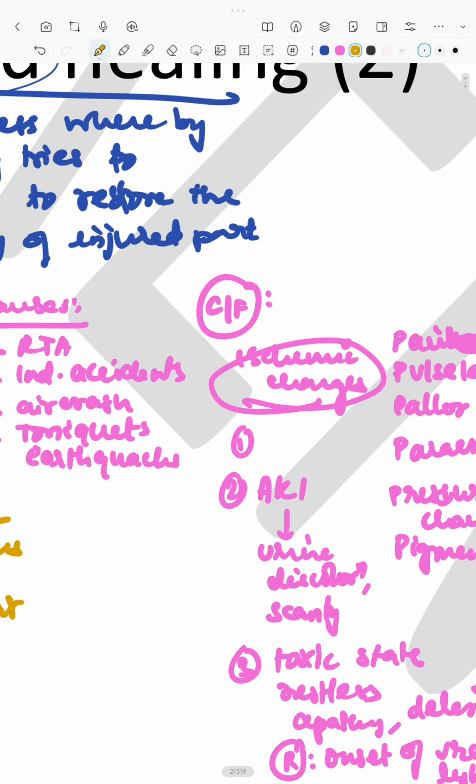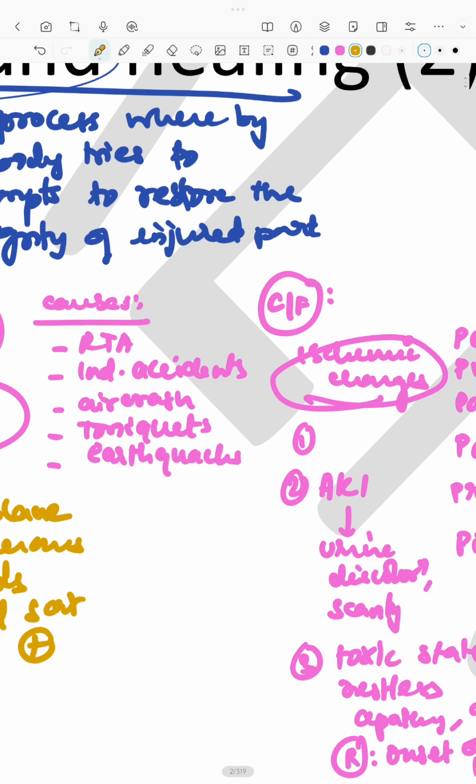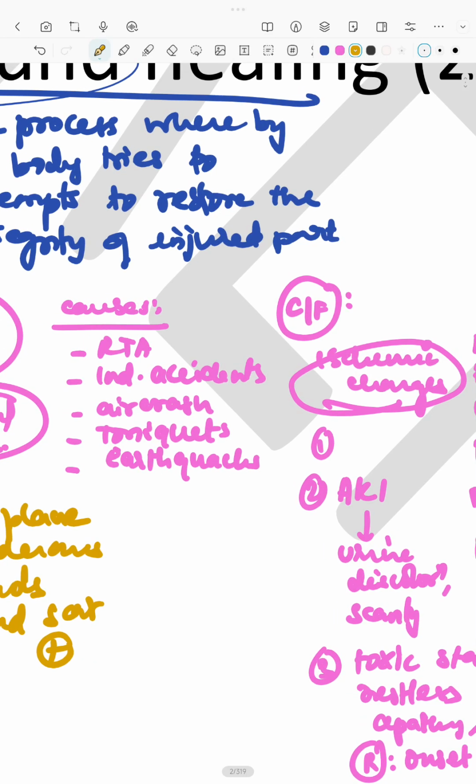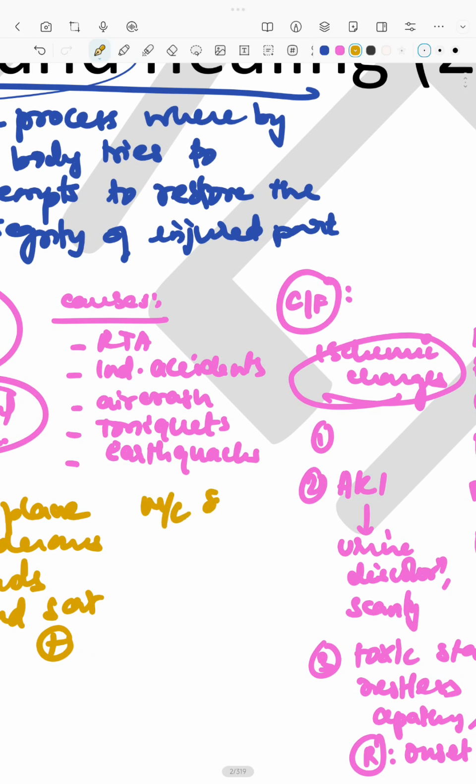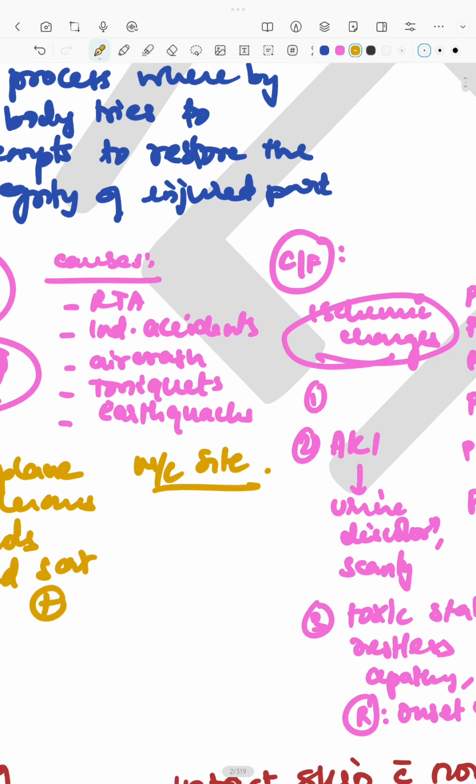Next, the most common sites are the sternum, upper arm, and chest wall.